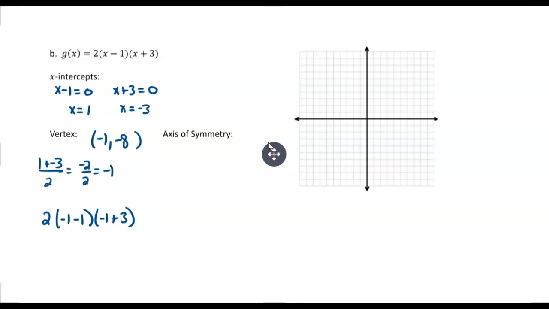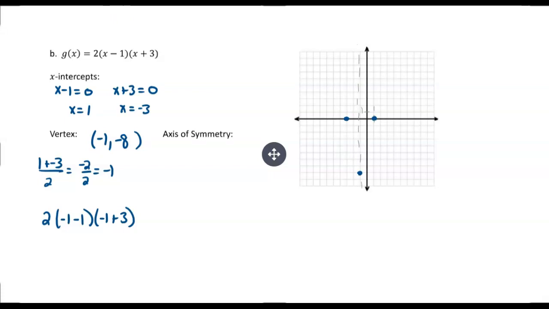So I can go ahead and still go by ones here. I don't think I have to change that. This can go by ones and this can go by ones. You do want to label your x and y axis so you know. So I have (negative 1, negative 8) right there. And my intercepts were at 1 and at negative 3. I'm going to go ahead and draw in my axis of symmetry.